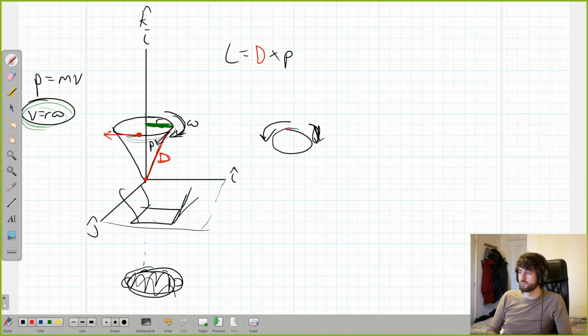From our view, the top point's moving left, so it's going anti-clockwise. Okay? So a positive L is making an anti-clockwise rotation.